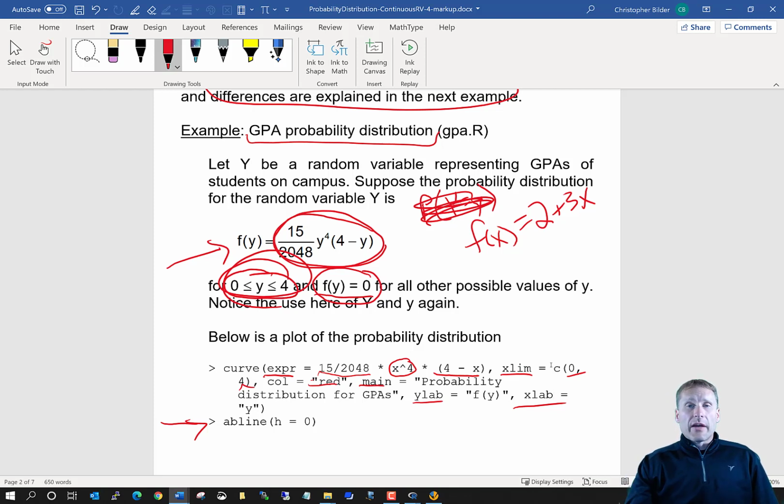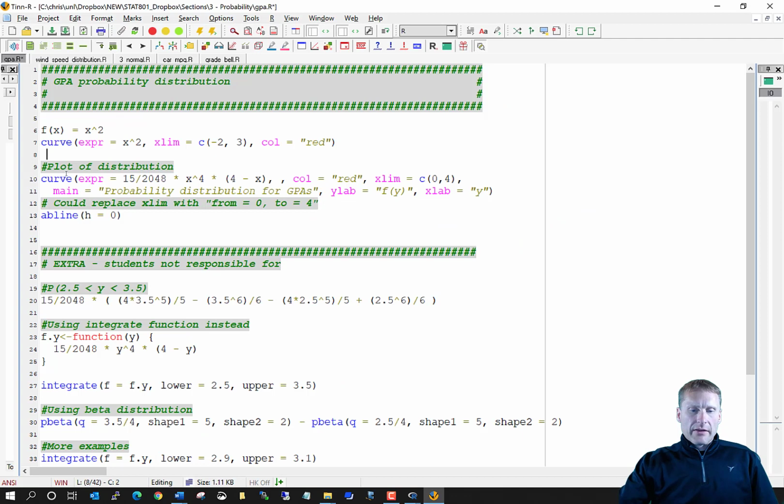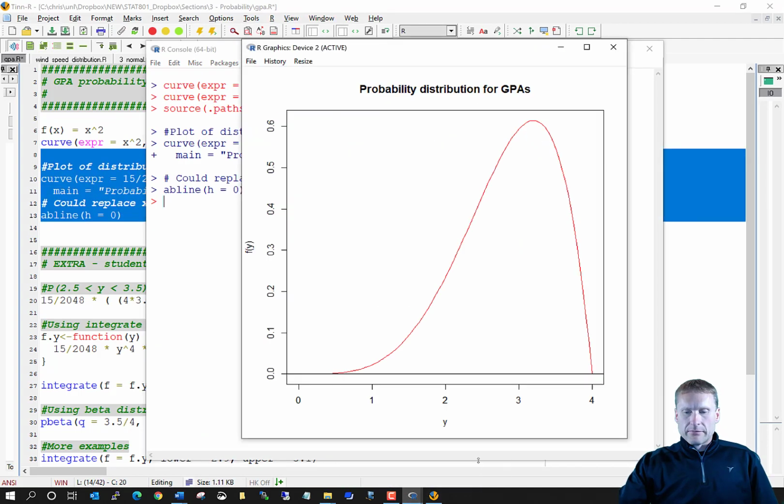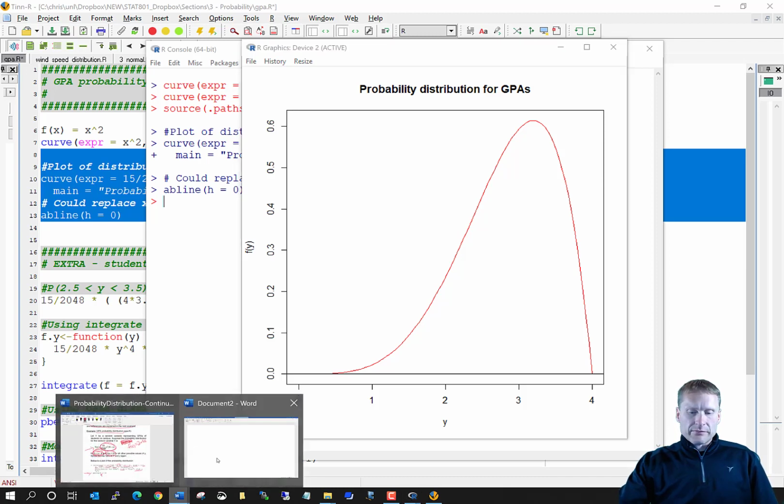The way I can do that is with the abline function with the h argument for horizontal line. So I'm going to go ahead and do that and take a look at the plot. So here's our probability distribution. Obviously, it looks different from what we saw with the binomial distribution because now we have a continuous function that we're working with.